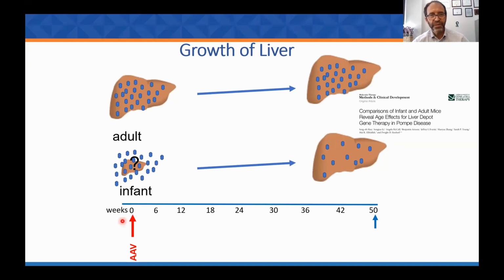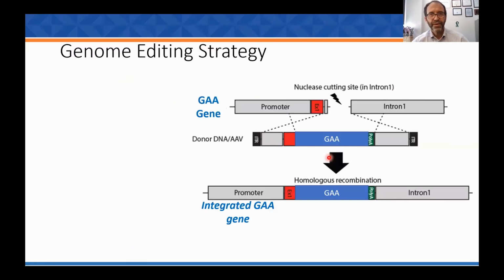But in our experiment, a year-long experiment, we found this wasn't the case, that actually the infant liver didn't take up and process the AAV really efficiently and have the same amount at the end as for the adult treated liver. There was less left. And in fact, the infant mice seem to be clearing the AAV actively from their liver early in life.